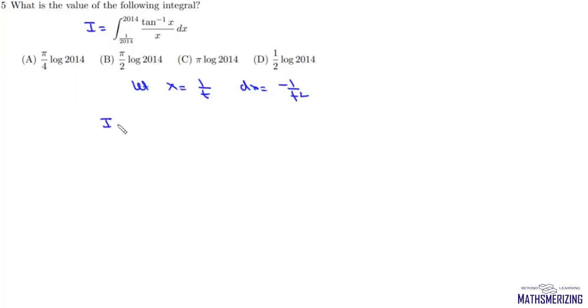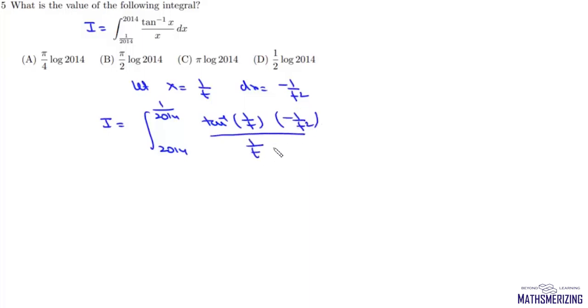So we can write this integral from 2014 to 1 upon 2014 of tan inverse 1 upon t into minus 1 upon t square upon 1 upon t dt. Now here t and t will cancel. Since there is a minus sign here, we'll change the limits from a to b to b to a.